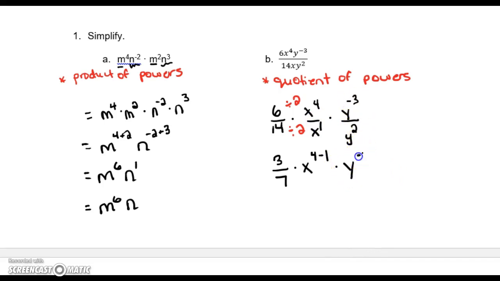So you have your numerator, -3, minus the denominator, which is 2. Three over 7 is totally simplified, so we can just rewrite that. Then we can simplify our exponents. So we have x to the 4 minus 1 is 3, and this y is -3 minus 2 is -5.